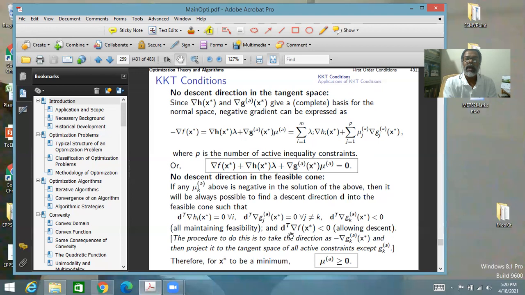And for that, how will you work out the direction? You will say that the inner product of the direction and grad GK, that corresponding GK, is negative. That is how this will leave the boundary and go to the interior, because at the boundary GK x star is 0.